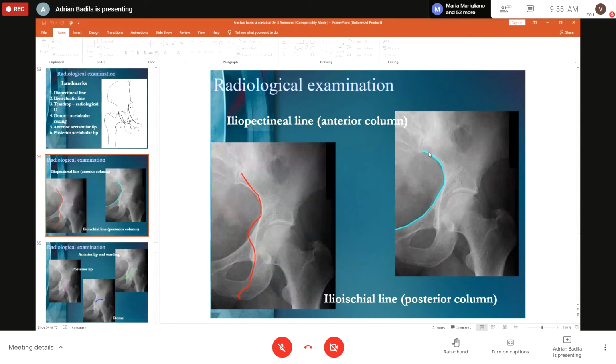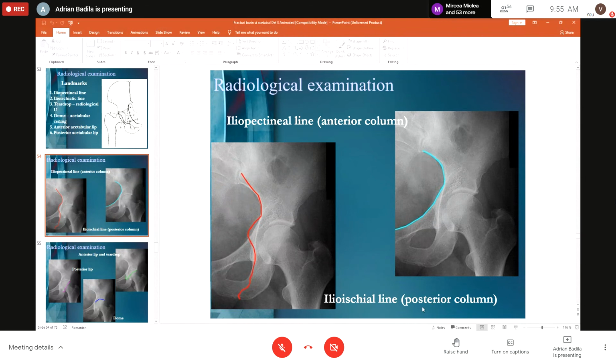This is the iliopectineal line in blue. And if we have a fracture of the anterior column, this iliopectineal line will be interrupted. The ilioischial line is represented here in red.